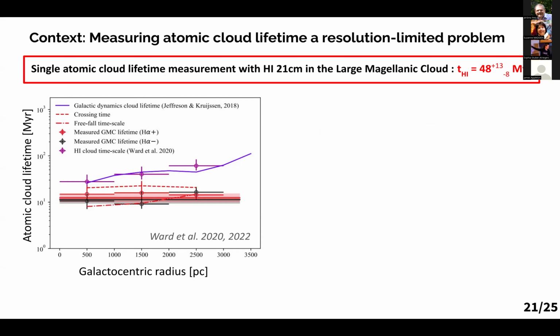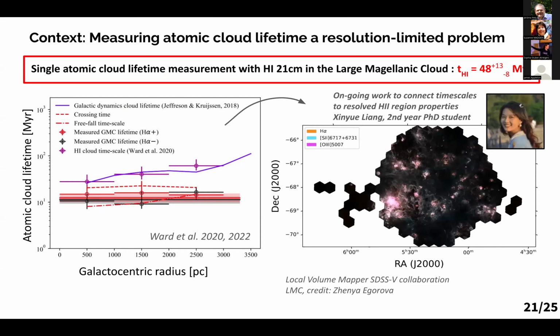And with a PhD student in my group, we're working on connecting this timescale in the LMC with a very detailed view that is now obtained with the Local Volume Mapper survey for the different ionized gas properties resolved in each of these little hexagons.